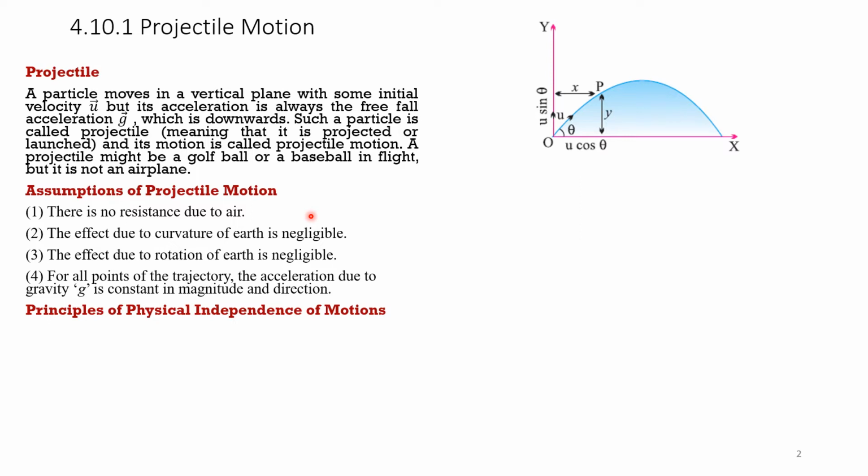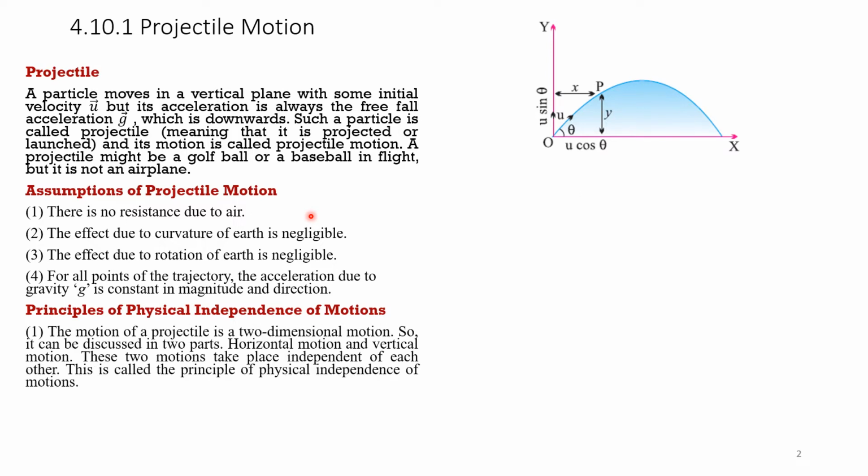The principle of physical independence of motion is applied in discussions on projectile motion. The motion of a projectile is considered as a two-dimensional motion. So it can be discussed in two parts: horizontal motion and vertical motion.